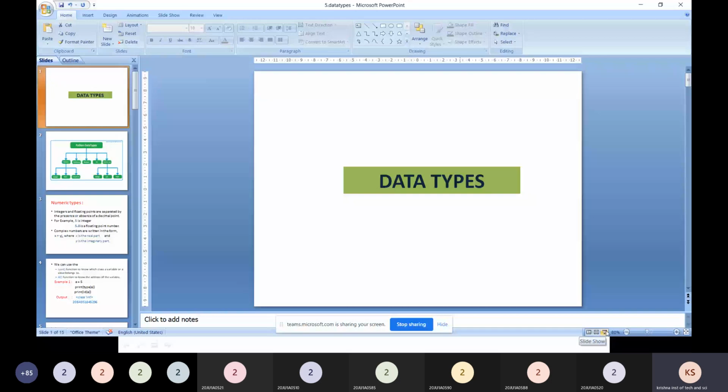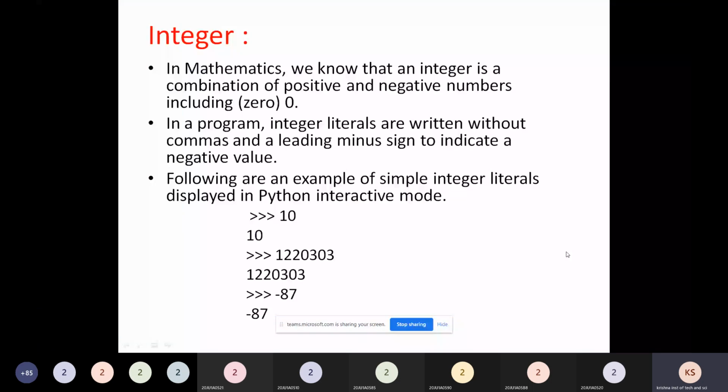See this one, a negative number. How can you print a negative number? Minus 87 is displayed the same. Whenever you write numbers in the shell, the same numbers are displayed on the screen.